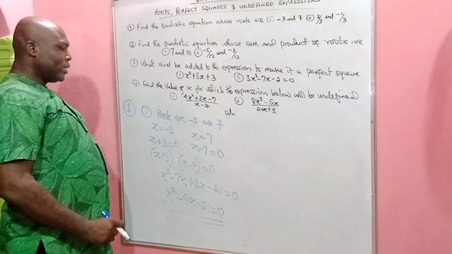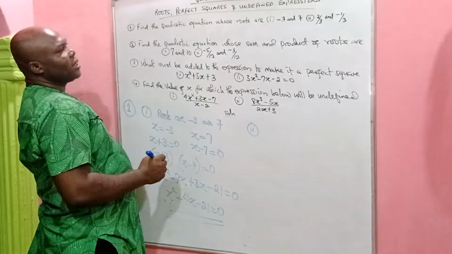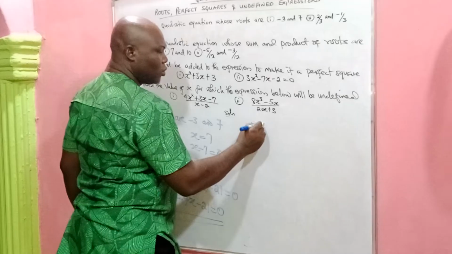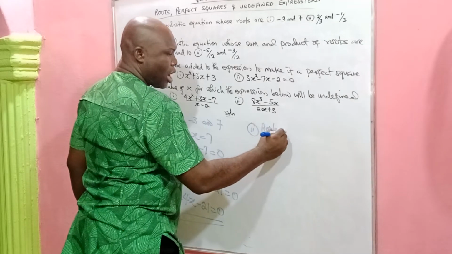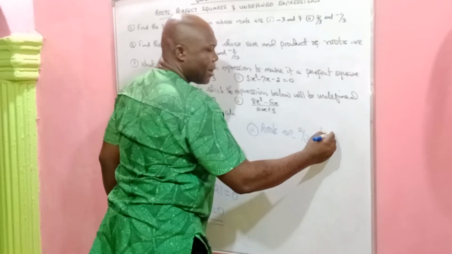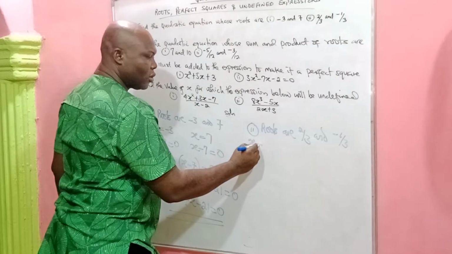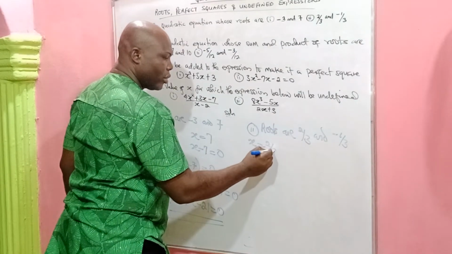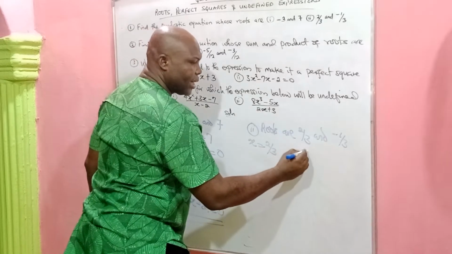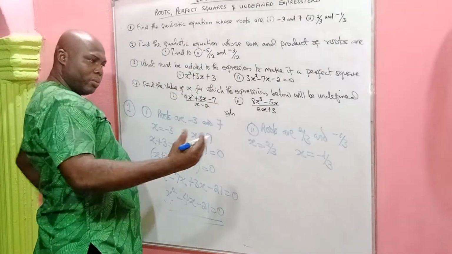Alright? So we'll take the second one, part II. The roots of the quadratic equation are 2 over 3 and minus 1 over 3. It means that x equals 2 over 3, and it also means that x equals minus 1 over 3. So we want to bring them out.